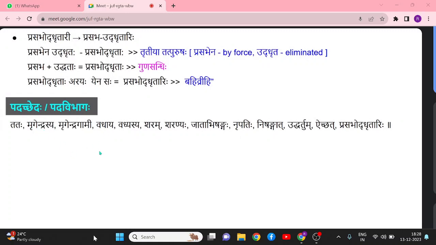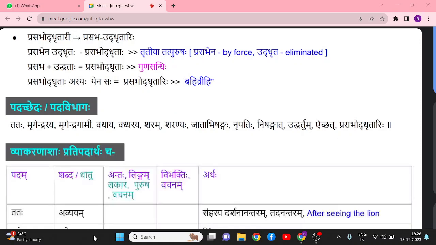What kind of lion? Vadhyasya, that which needs to be killed, which deserves to be killed. So Dilipa, in order to kill that killable lion, wished to take out an arrow from the quiver.